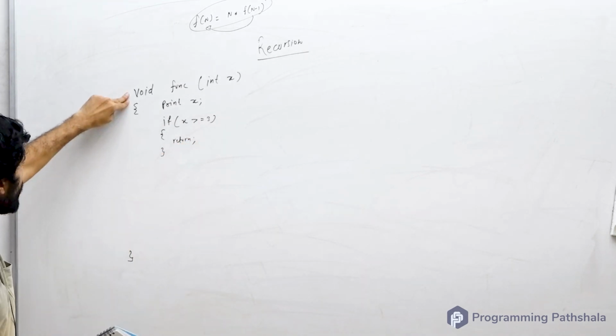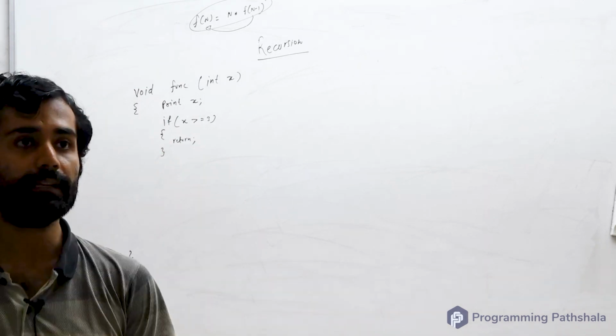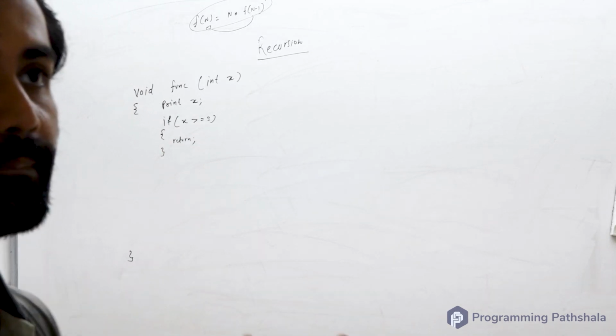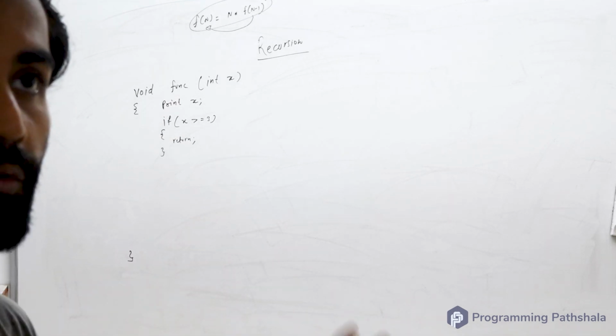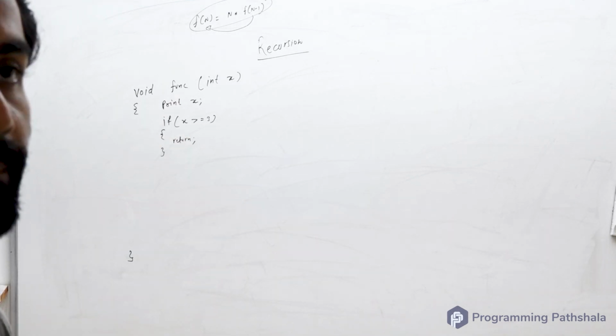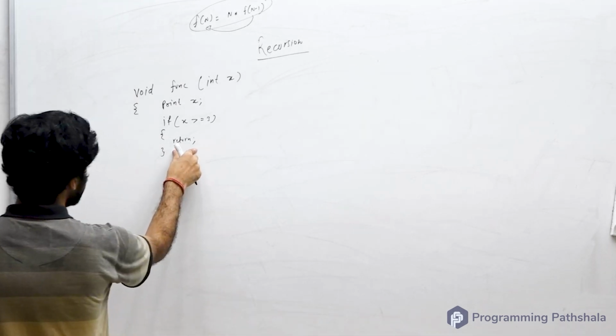In the case of a void function, you can put return semicolon. The return semicolon is equivalent to exit. It simply means, don't return anything but exit. The function should no more call itself again. It should simply be over. This is the meaning of return semicolon, because there is no exit keyword in C and C++.